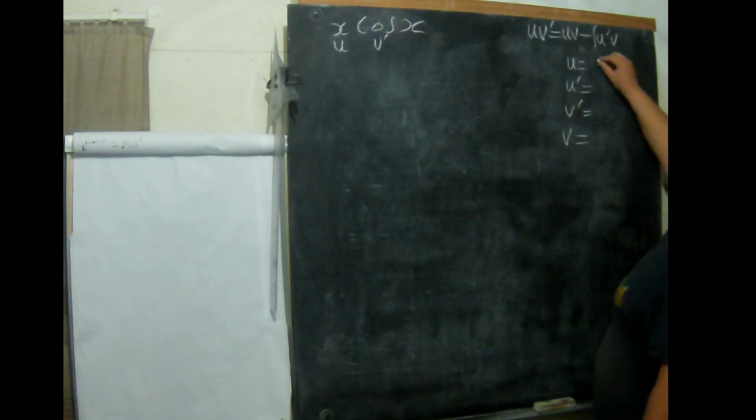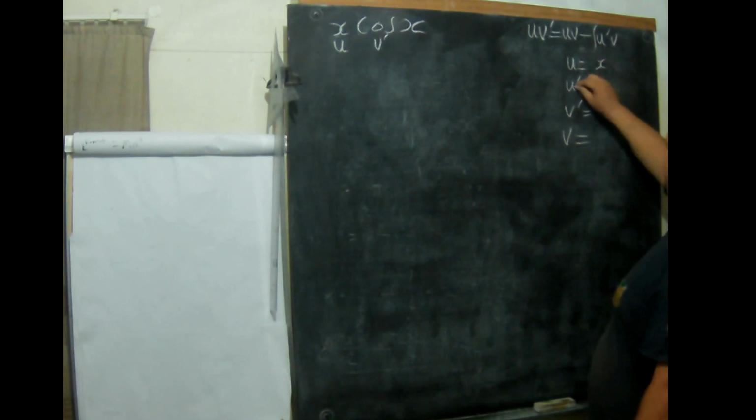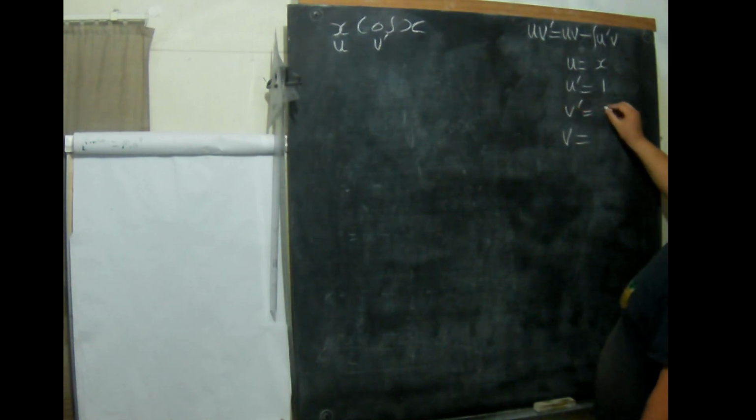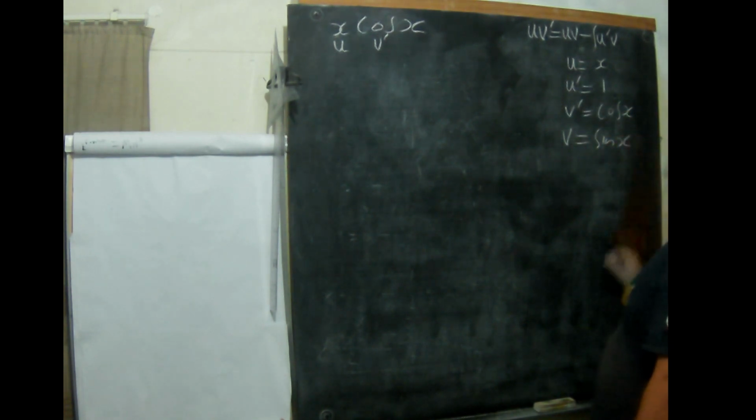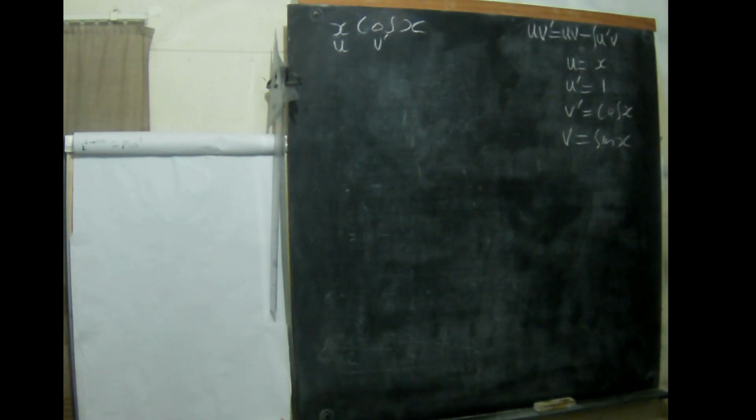So u is x, u prime is 1, v prime is cos x, and then the integral of cos is sine. It's positive sine x.